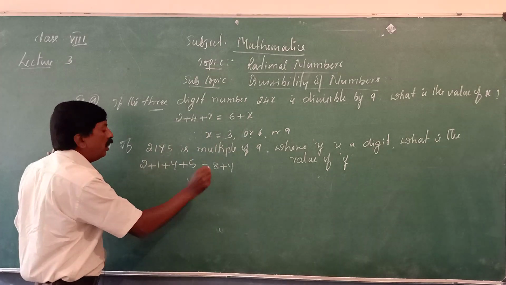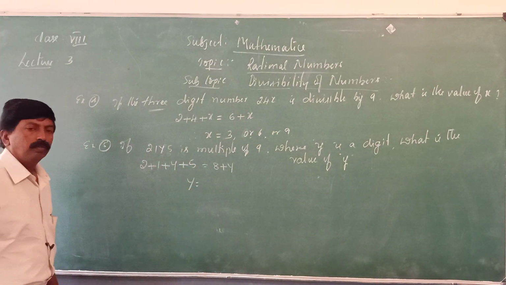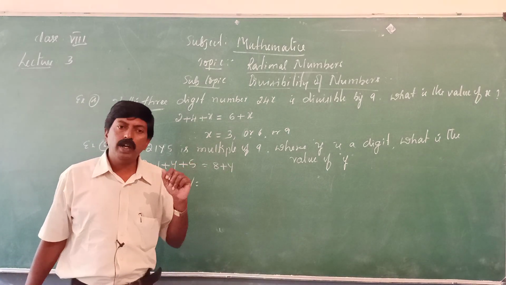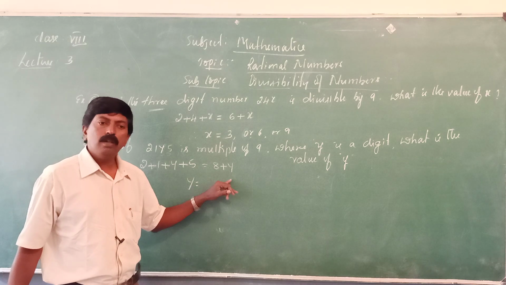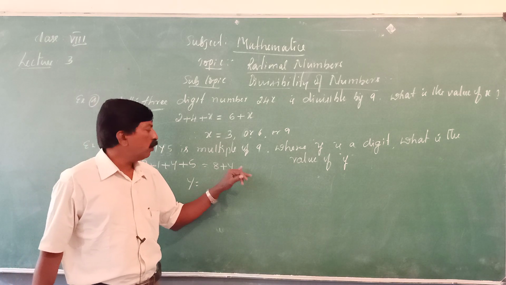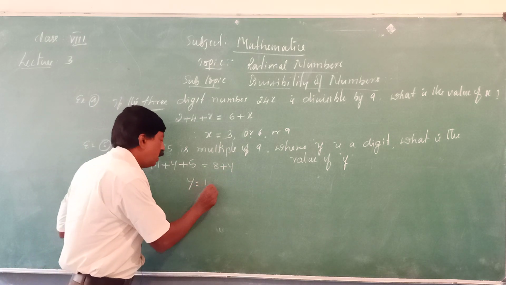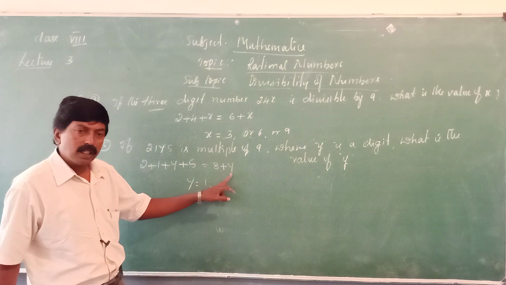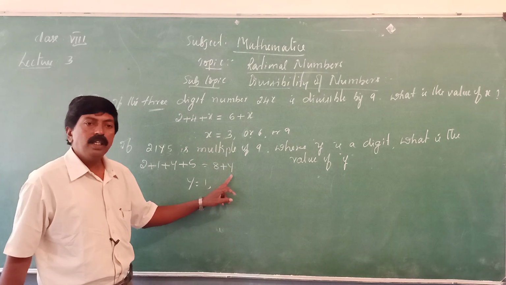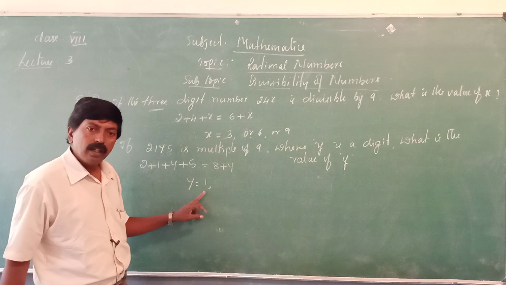Now what are the values of y? The sum must be divisible by 9. Take 0, 8 plus 0, 8 will not divide by 9. Take 1, 8 plus 1 is 9. 9 is divisible by 9.